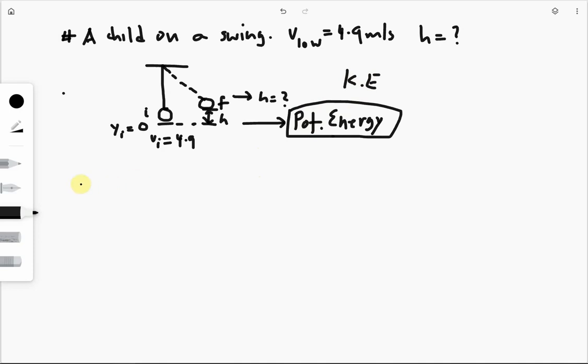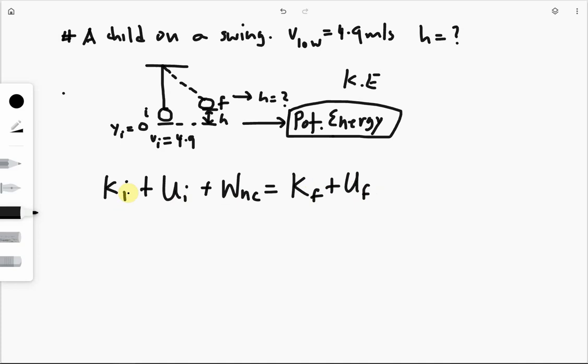Let's go ahead and write down what our work energy theorem tells us. It tells us Ki plus Ui, U is potential energy, K is kinetic energy, plus the work done by non-conservative forces is equal to Kf plus Uf.